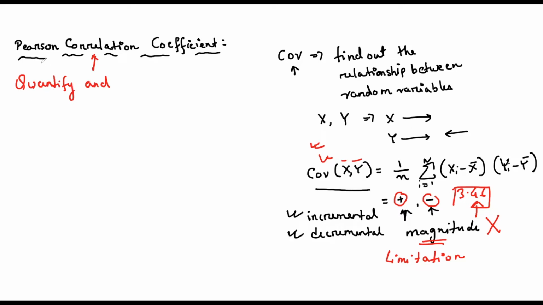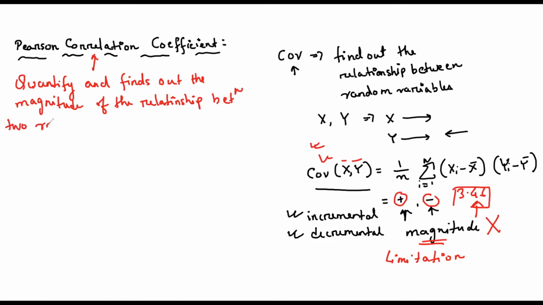So Pearson correlation coefficient quantifies and also finds out the magnitude of the relationship between two random variables.